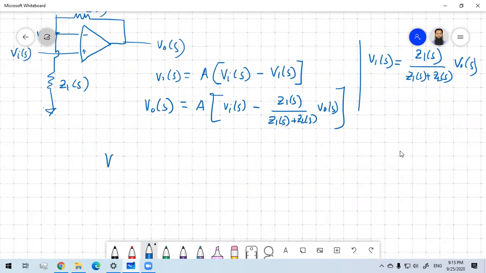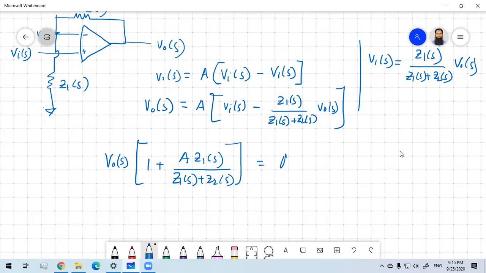Then what we are going to get is V0S; if you take it common, we have 1 plus, because the term was minus on the other side, so when it moves it becomes plus, A Z1S divided by (Z1S plus Z2S), should be equal to A VIS.